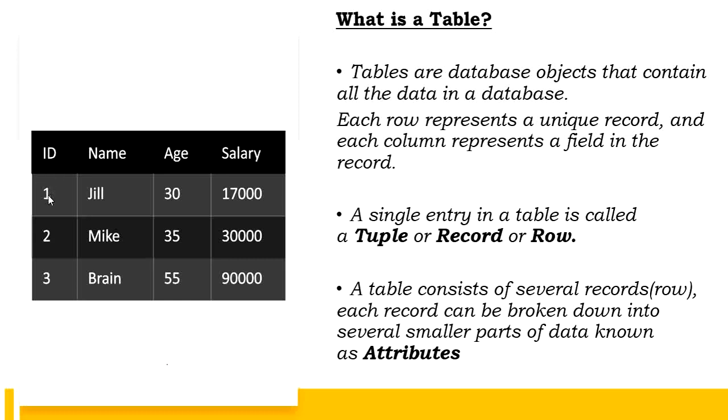Suppose ID can store only numbers, which is of type int, which is of a similar kind. So this is known as an attribute, and each of these rows is known as a tuple. Each of these is a tuple, and the column which stores data of the same type is known as an attribute.